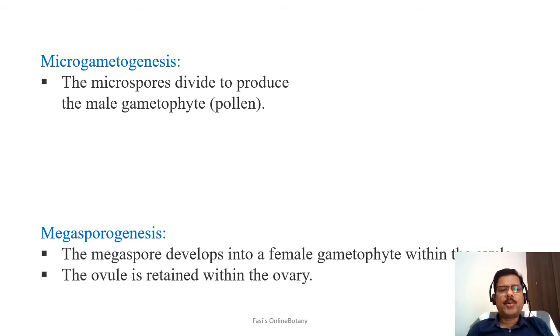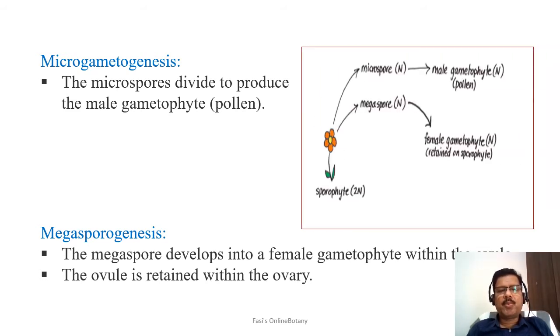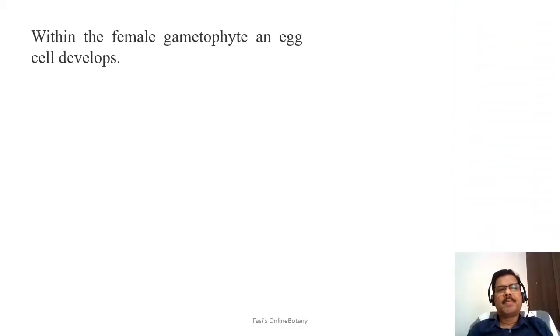In megagametogenesis, a megaspore develops into a female gametophyte within the ovule, and the ovule is retained within the ovary. Within the female gametophyte, an egg cell develops.